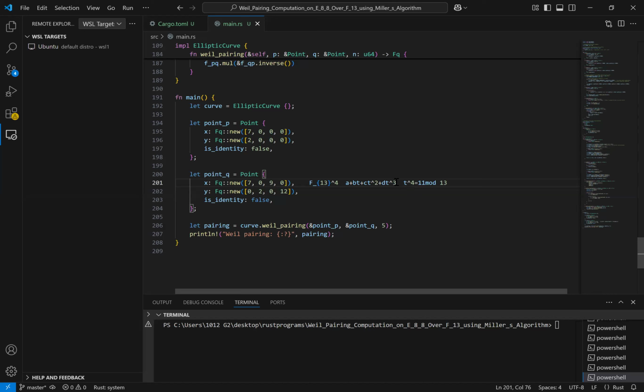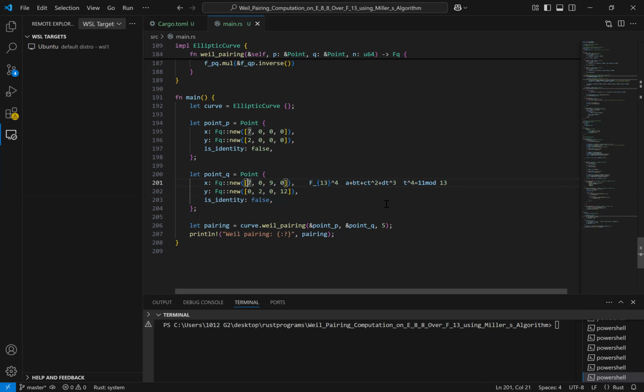So I expect elements to look like a constant A plus Bt plus Ct squared plus Dt cubed. But if you have t raised to 5, it will be reduced by this polynomial. That is why I've written this.